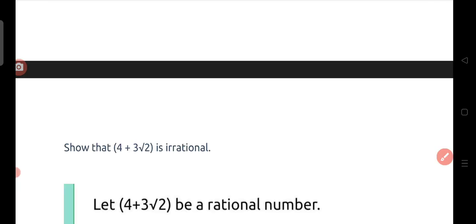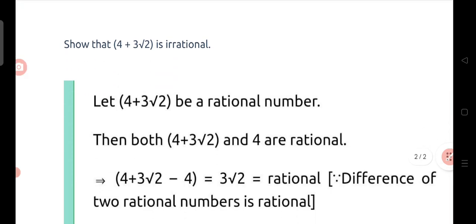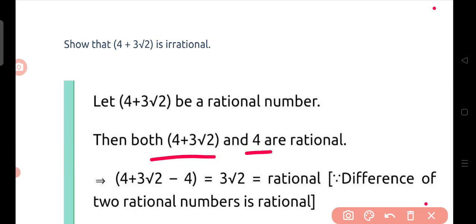It is saying that show that 4 plus 3 root 2 is an irrational number. So we will assume that 4 plus 3 root 2 is a rational number. Then 4 plus 3 root 2 and 4 are rational numbers also.